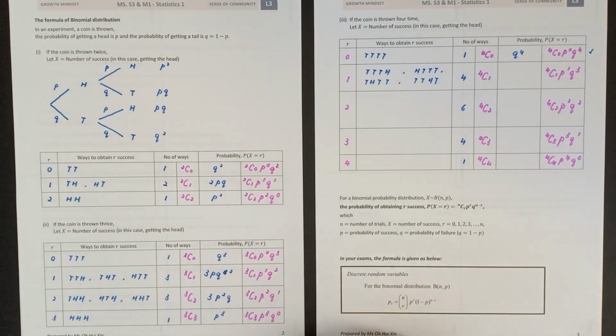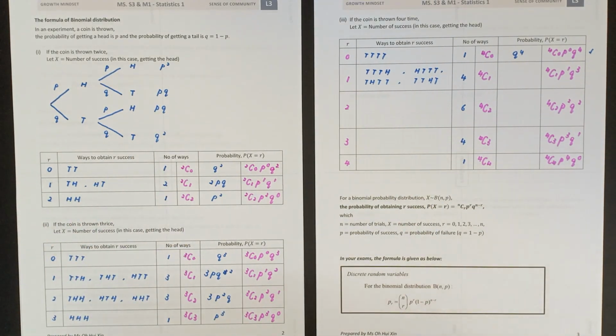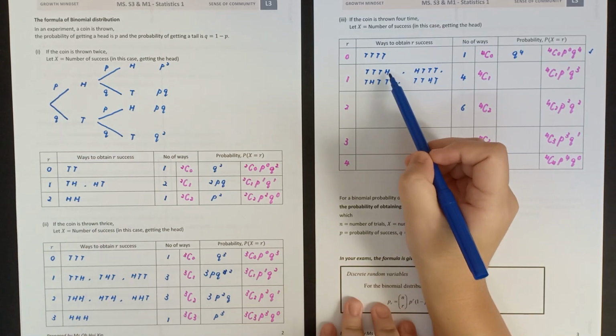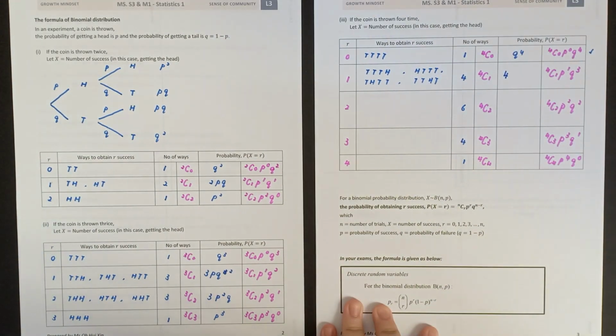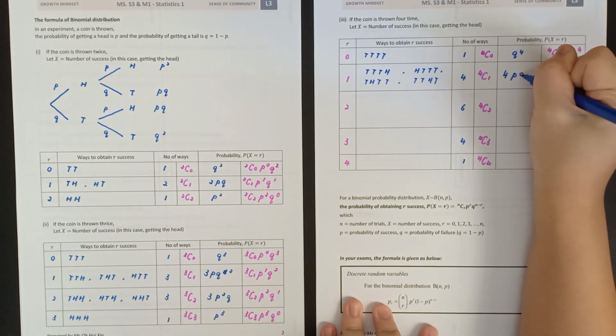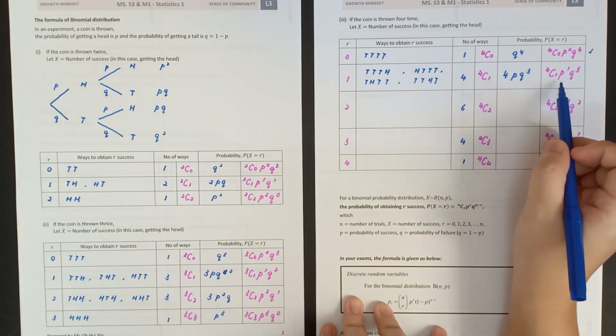Okay, so then when I draw the tree diagram, this is what I will be having. You can see everything has 3 tails and 1 head. So you have 4 of them. And everything has 1 head only, which is 1P, and 3 tails, which is Q3. So that's why you see it's correct also.